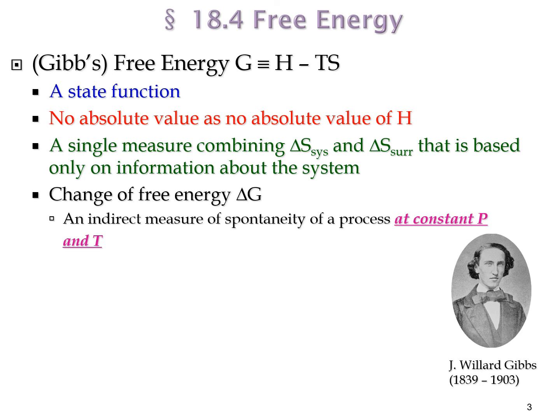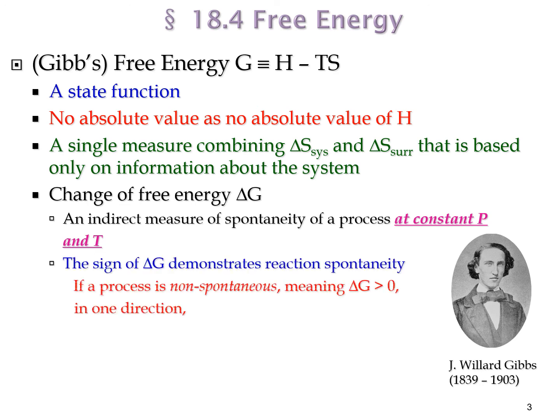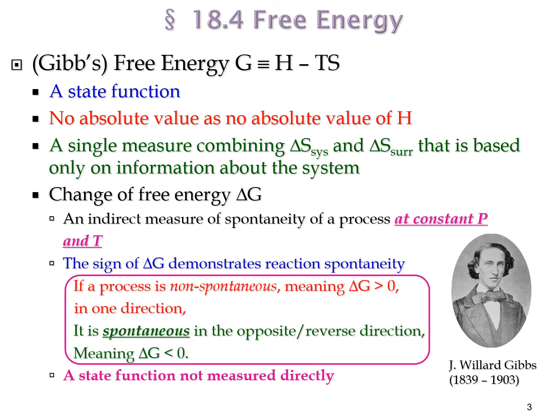Since G has no absolute value, we are interested in the change of free energy, which is delta G. Delta G is an indirect measure of spontaneity of the process. Of course, here are the catches. At a constant pressure and a constant temperature, we must have these two conditions in order to make delta G equal to delta H minus T times delta S. The sign of delta G demonstrates the reaction spontaneity.